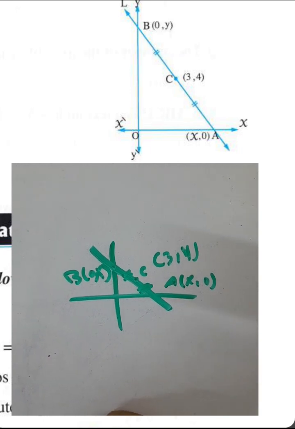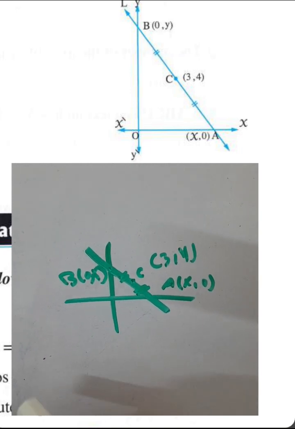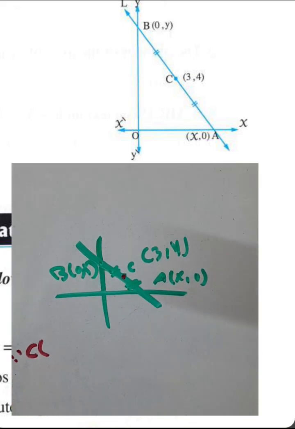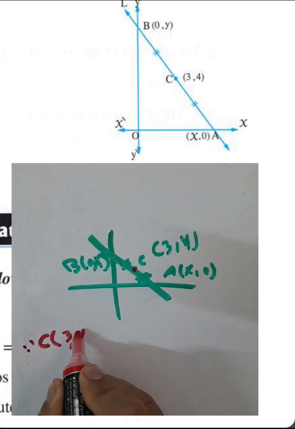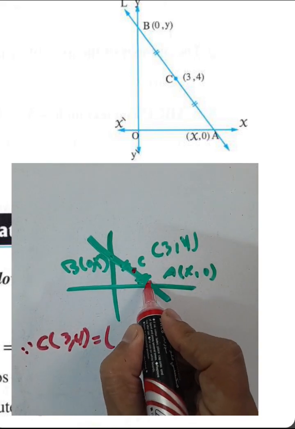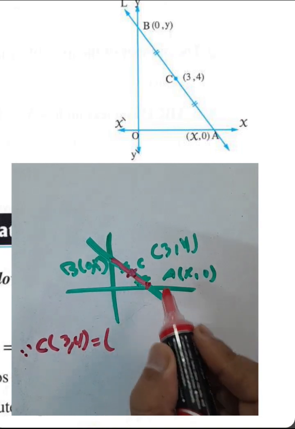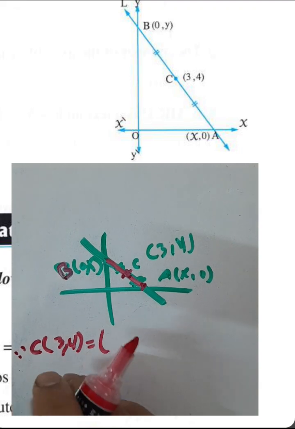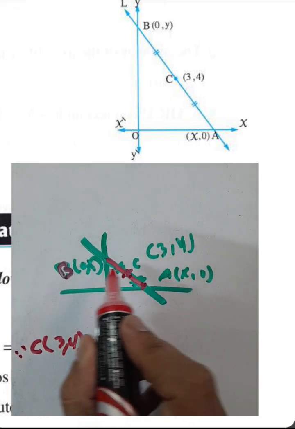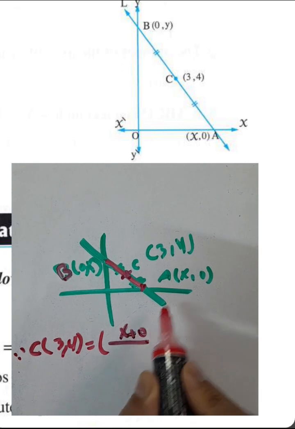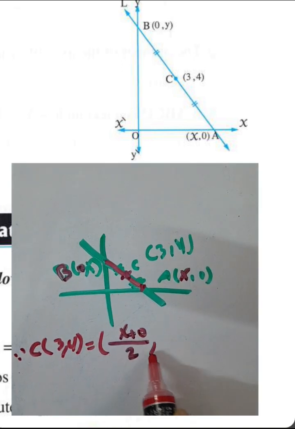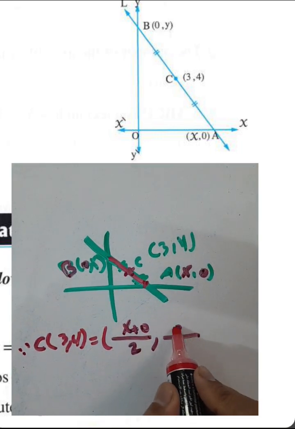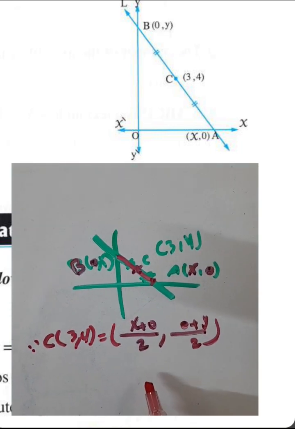Okay, we can find the perimeter of this triangle by using these steps. Look at this point C, the order of it, C was 3 and 4, lies in the middle distance between A and B. Then the order of the point C equals x1 plus x2 divided by 2, x here plus 0 divided by 2, and y2 plus y1 divided by 2, 0 plus y divided by 2.